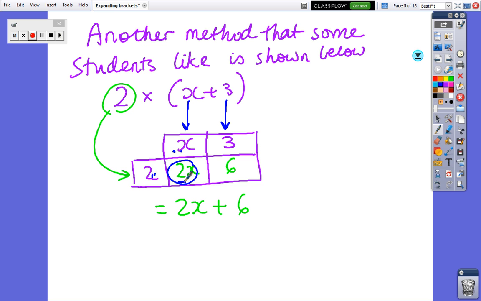So 2 times x is 2x, and then 2 times 3 equals 6. And so that's your answer, 2x plus 6. And when we have negative signs, we can still do it, we just have to be a little bit careful with the negative signs, as you know. So you might want to copy that down as a second way of doing it, but at the end of the day, you'll just pick one method that makes more sense to you. Okay, so moving on to the next slide when you're ready.